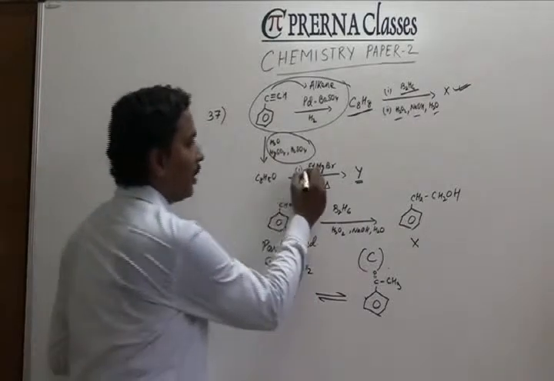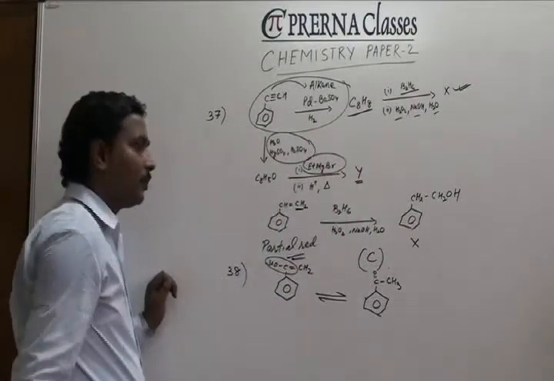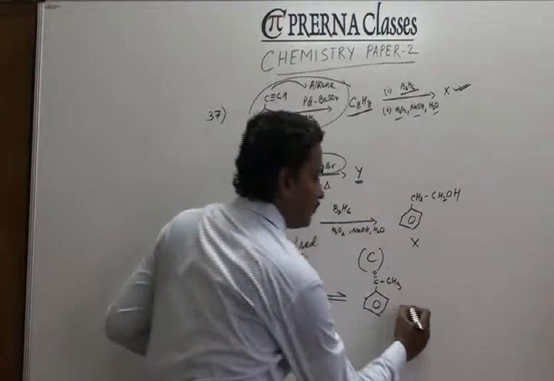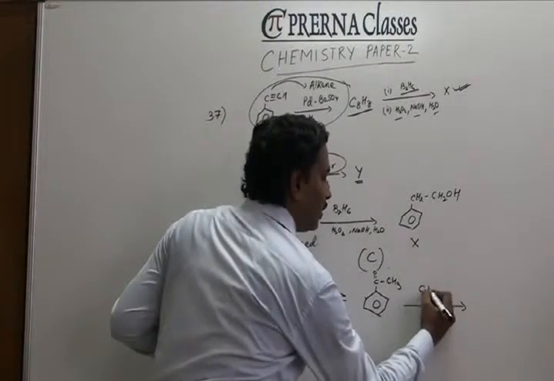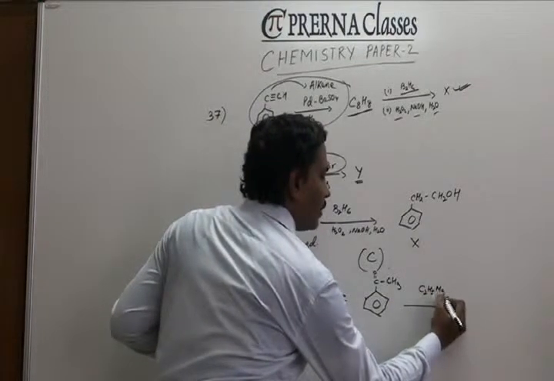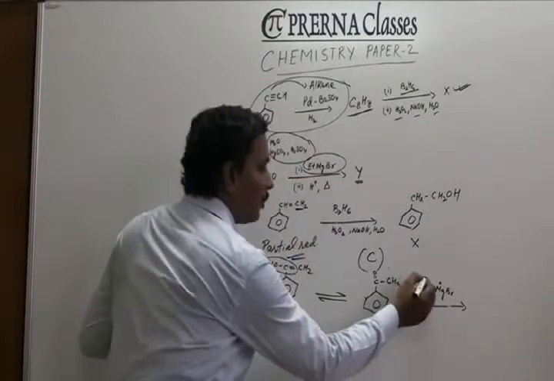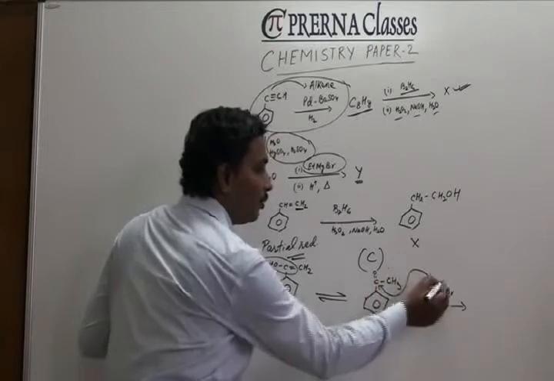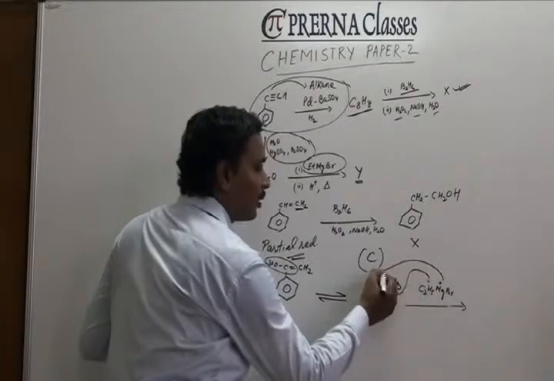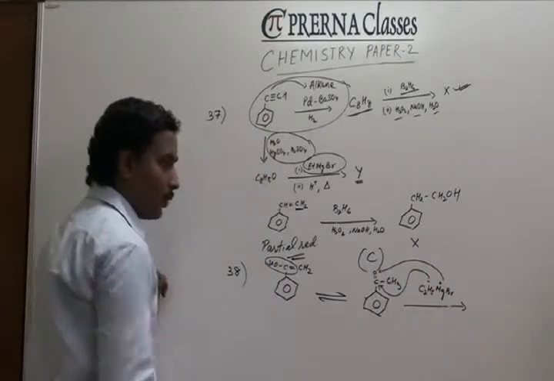Next, it is reacted with Grignard reagent ethyl MgBr. We can write C2H5 MgBr. The carbon is negative and Mg is positive. C2H5 minus reacts with the carbonyl group, and MgBr reacts with oxygen only.